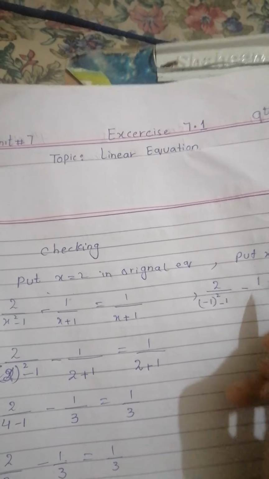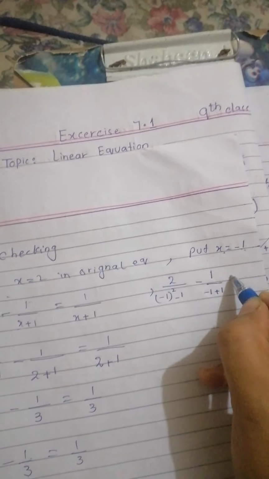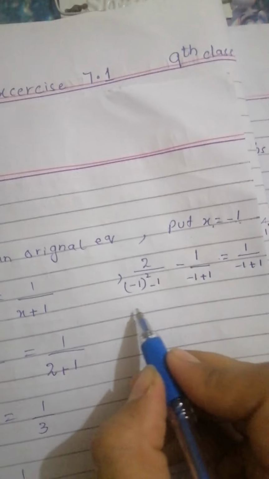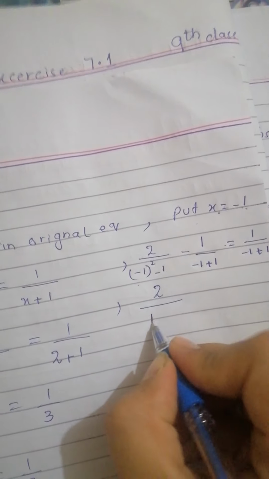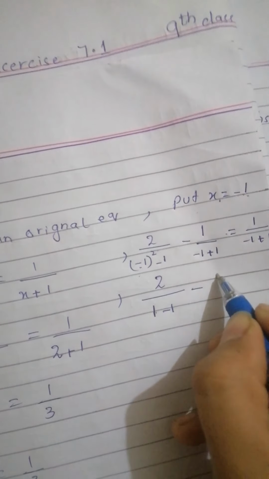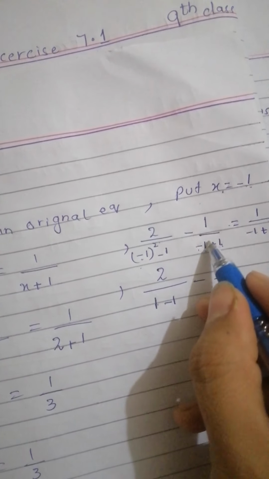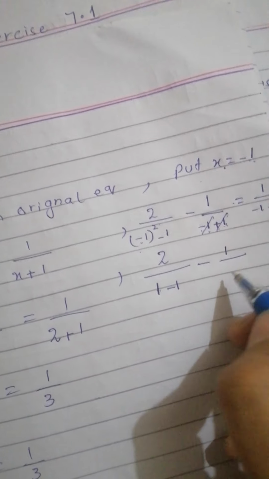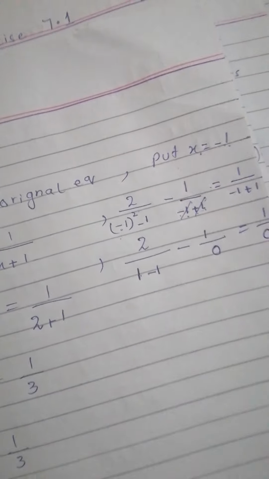Then minus 1 over the value of x, minus 1, plus 1, which is equal to 1 over minus 1 plus 1. Minus 1 and plus 1 cancel, meaning 1 minus 1, that is 0. Here is also 0.